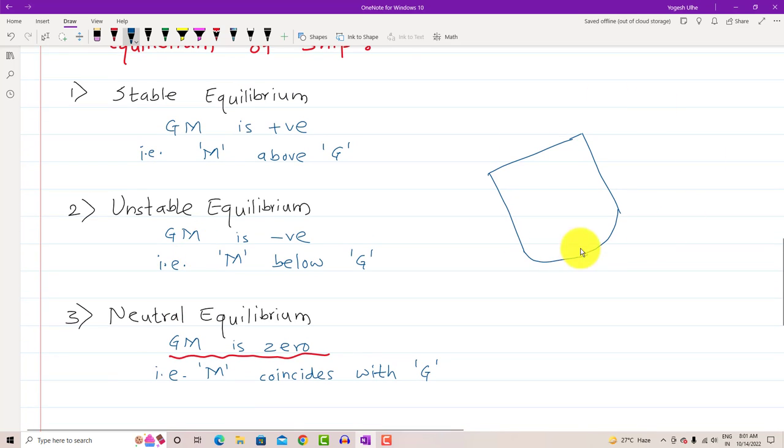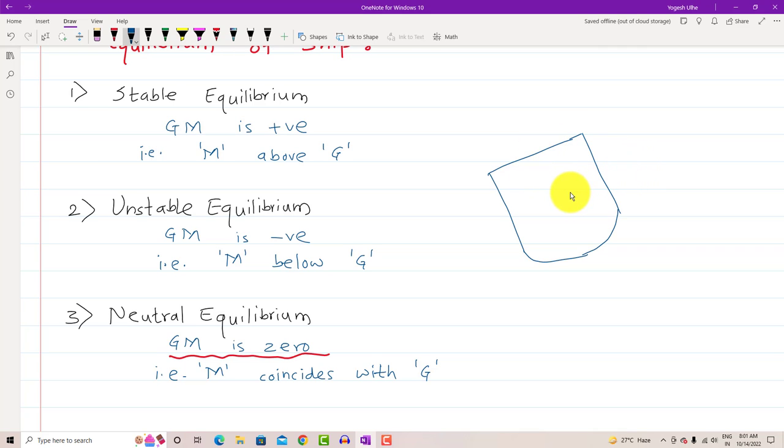Now, suppose the ship is heeled by some particular angle due to bad weather. It will not capsize, and it will not come back to its upright position.